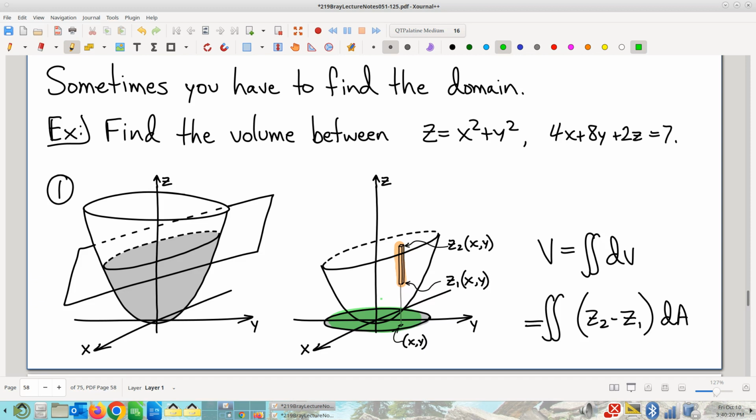As you slice up the solid, you're going to also effectively be slicing up this shadow. And in fact, for every French fry, there is a corresponding little piece of the shadow. For every piece of the shadow, there's a French fry. For every French fry, there's a shadow. Everybody buy it?